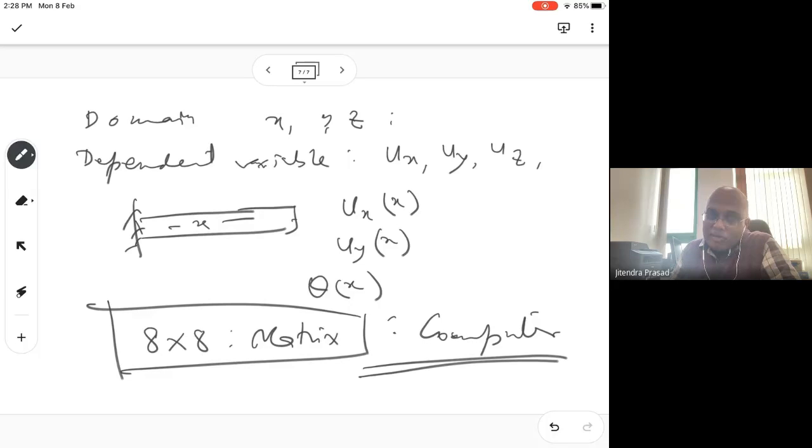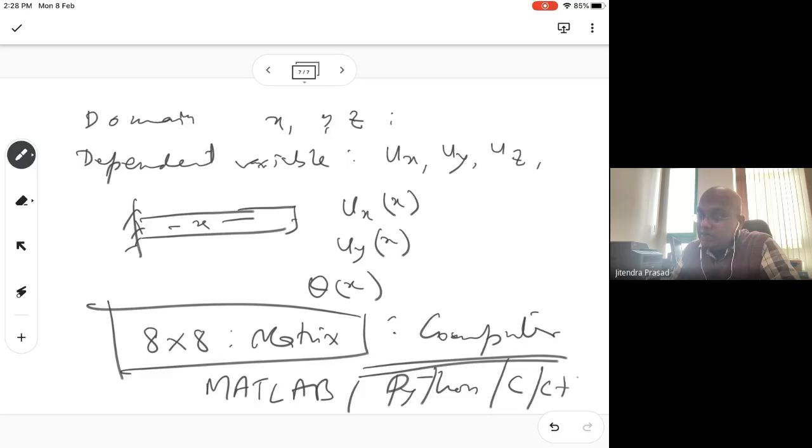This kind of problem you have to use a computer to solve. Use MATLAB or your own programming, Python or anything, C, C++, whatever you are comfortable with. Okay, sir. Thank you. And how we will solve it, we will look at that in the coming days this week.